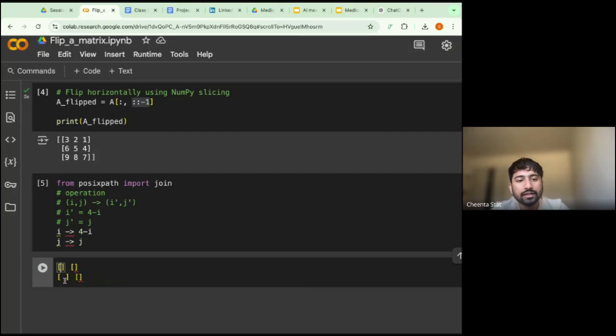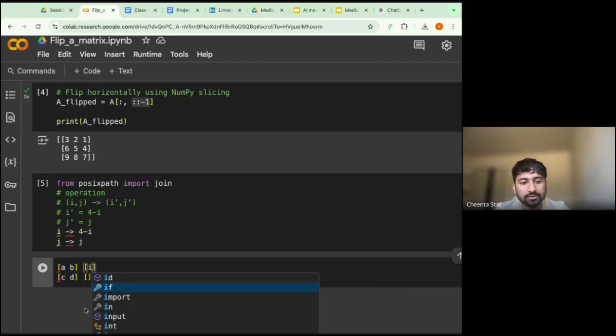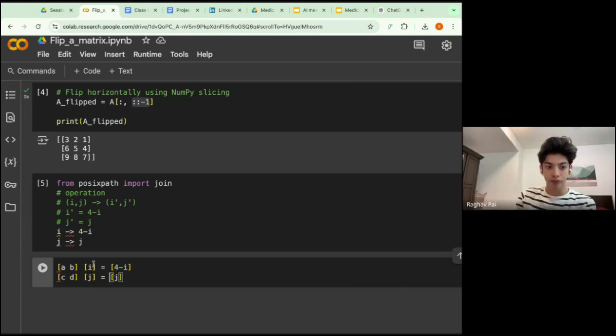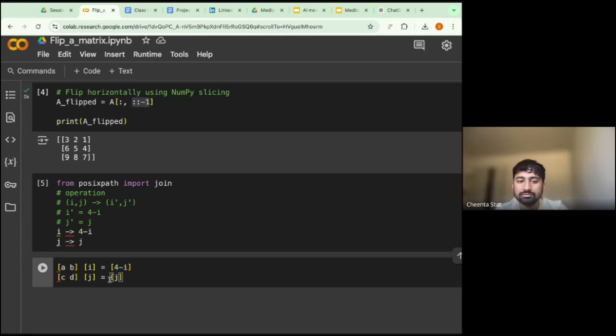So here is a, b, c, d, and here is the i comma j, and it's going to i dash, which is 4 minus i, and j. So how is a matrix multiplied? A matrix is multiplied like a times i plus b times j is 4 minus i, and c times i plus d times j is j.